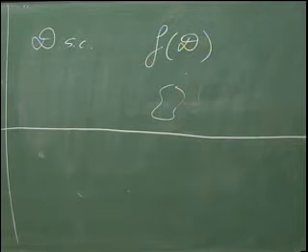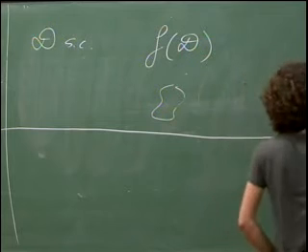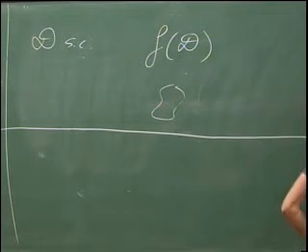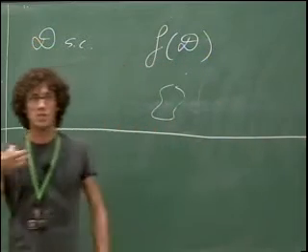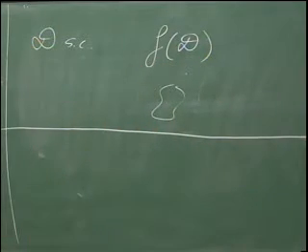uniqueness of your function, sorry. So is your function unique when you take two domains, D and D prime? How many functions do you have from D to D prime? And that will be very important in our theory.